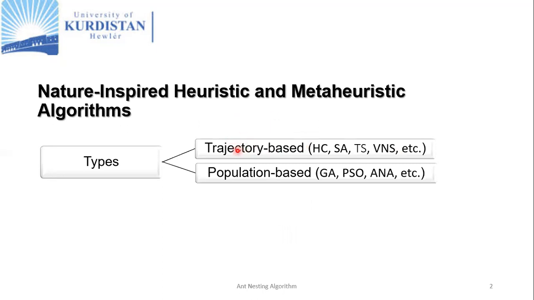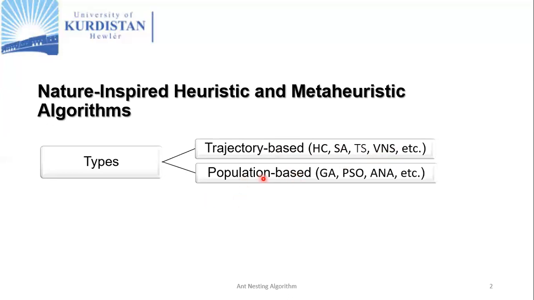Heuristic, we can have trajectory-based algorithms or single solution-based algorithms. Examples of this type of algorithm are hill climbing, simulated annealing, tabu search, variable neighborhood search, etc.